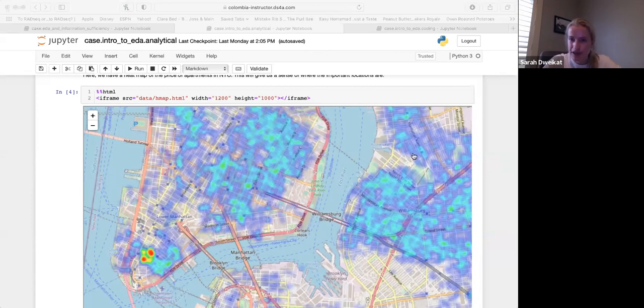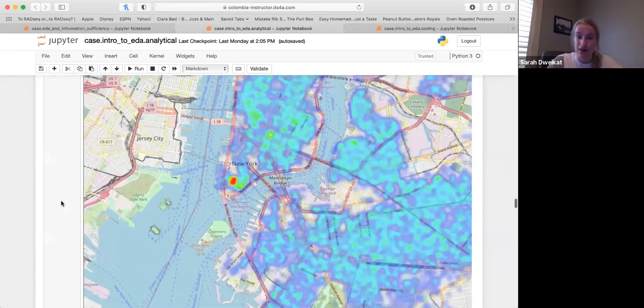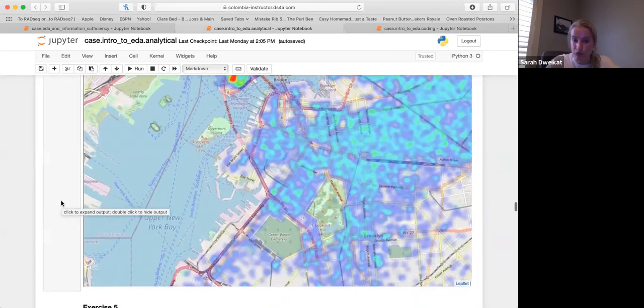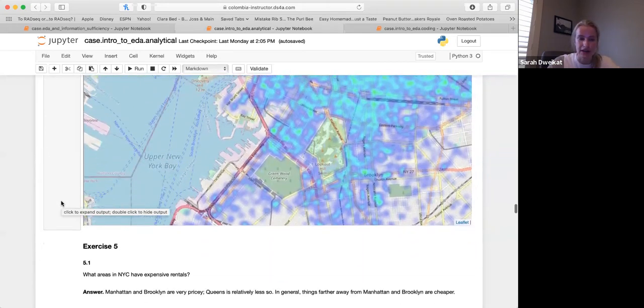Yeah, really good answers. Okay, so it seems that most people are understanding what we're looking at here in terms of what this heat map is showing. We are looking at price in different regions of New York for our data.